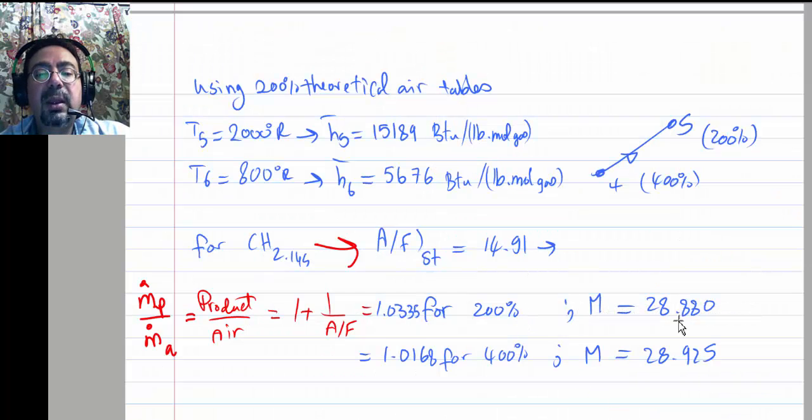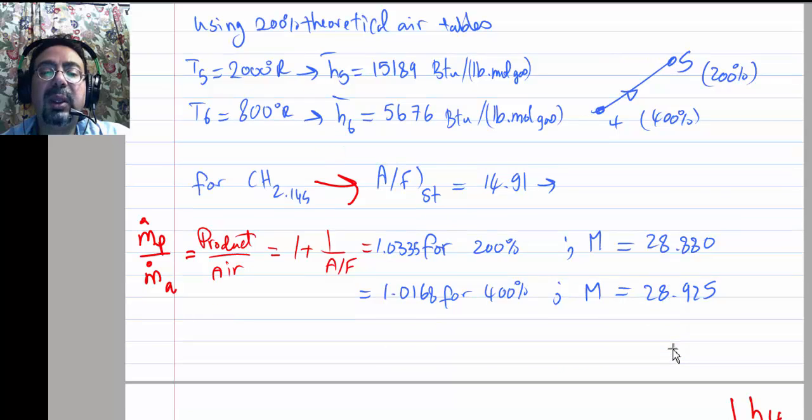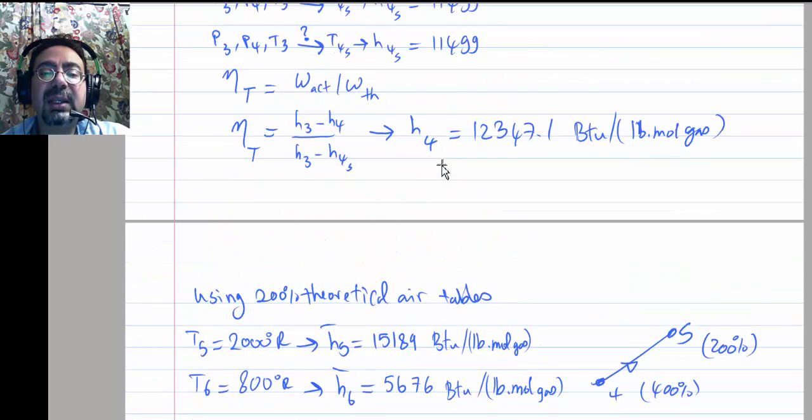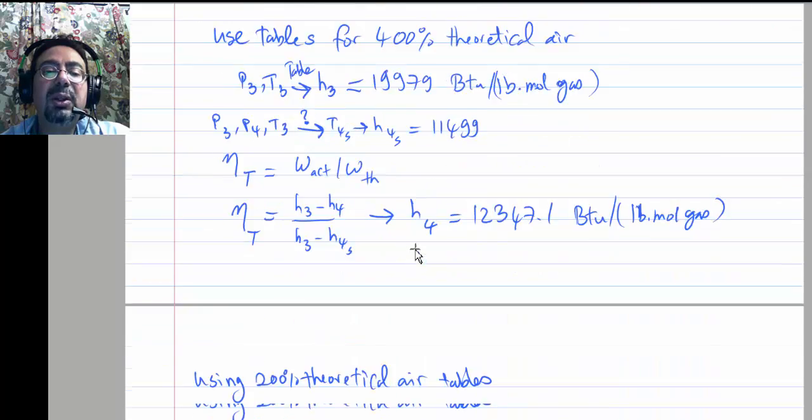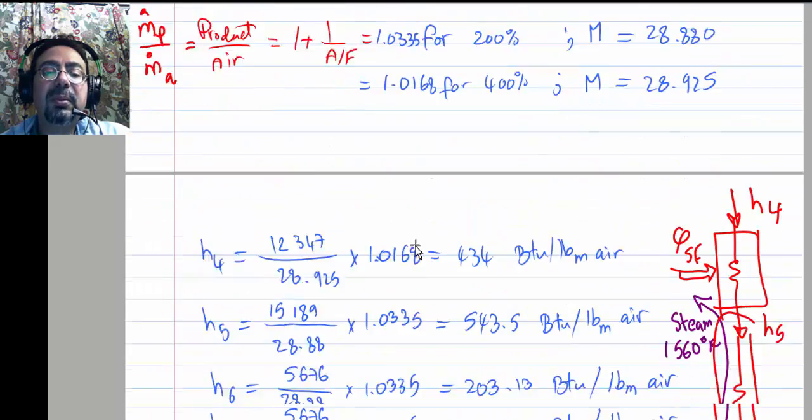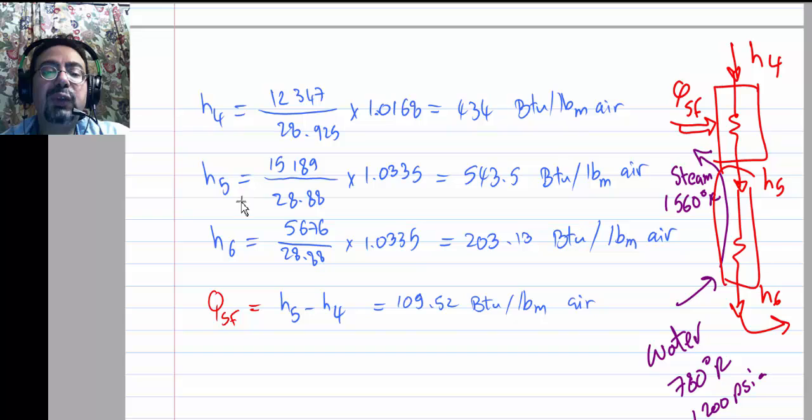Alright, so we get the mass conversion between product and air, and we get the molecular weight. So what he will do is this: he will be able to convert H4, H5, and H6.